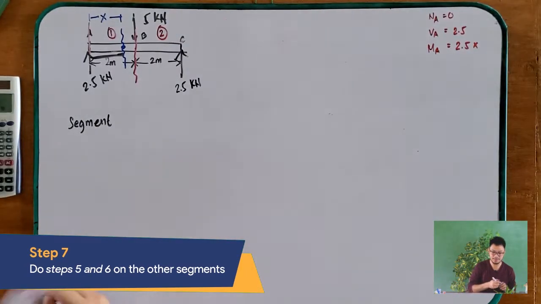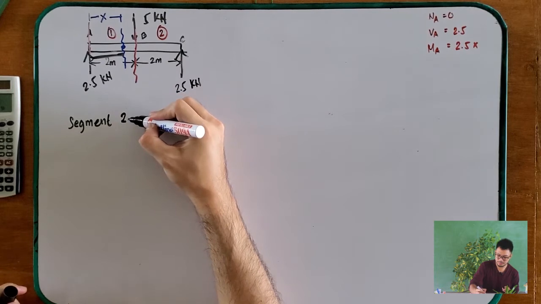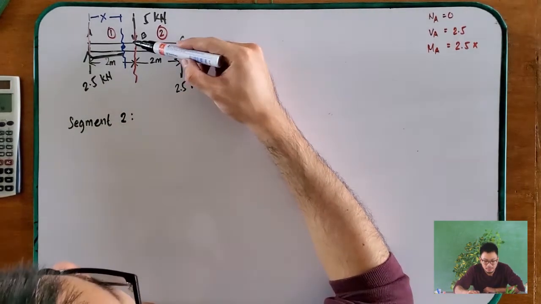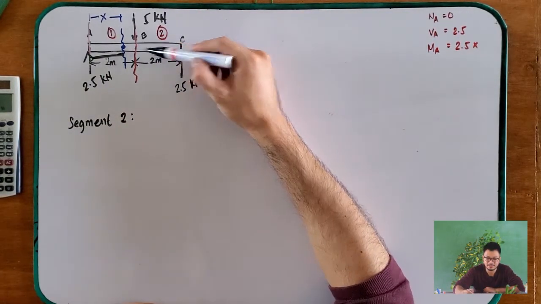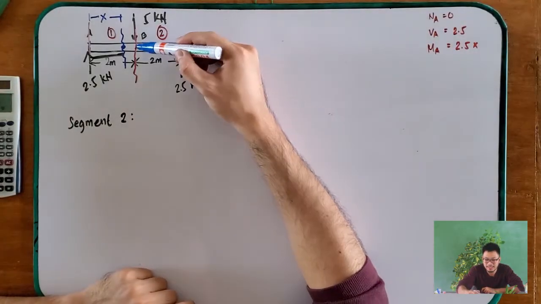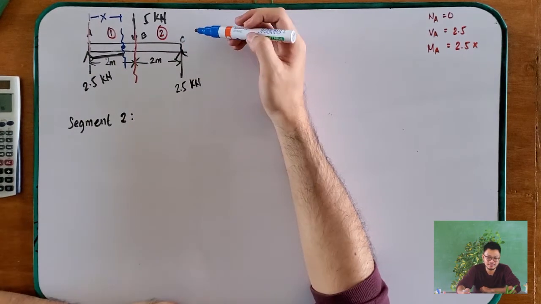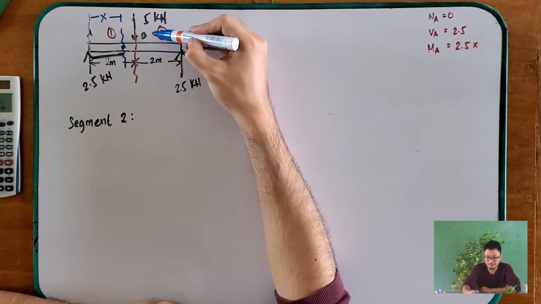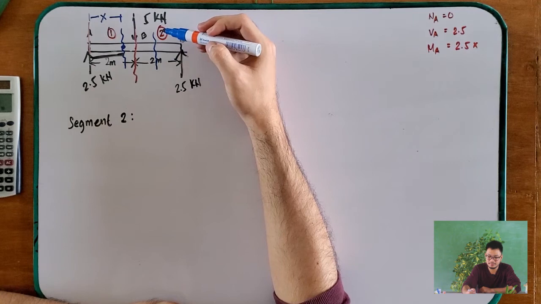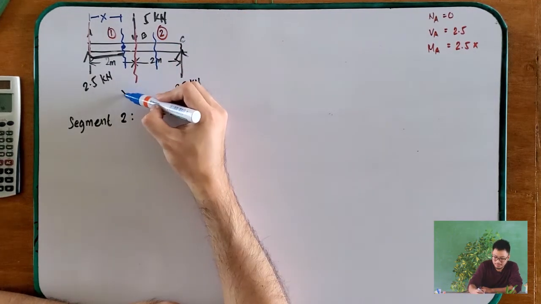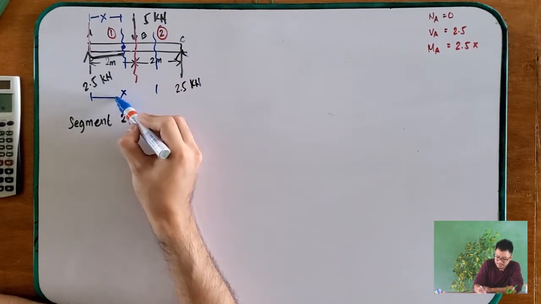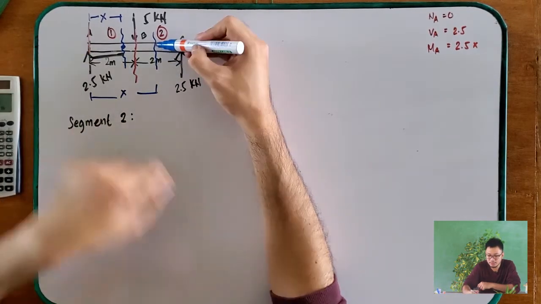Segment number 2. So here is where we focus, on this segment. And again, same as segment 1, we look for where to cut in the middle of this, which we cut at red, or here at the end. So let's say I cut here. And this is our x, the distance from point A to this point right here.